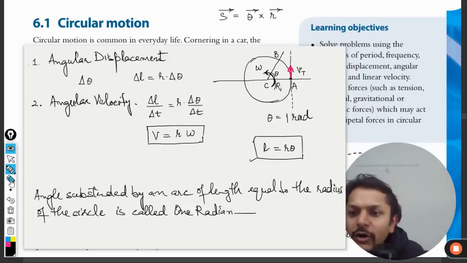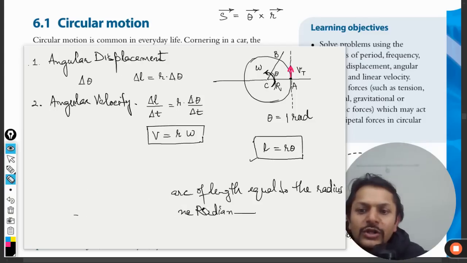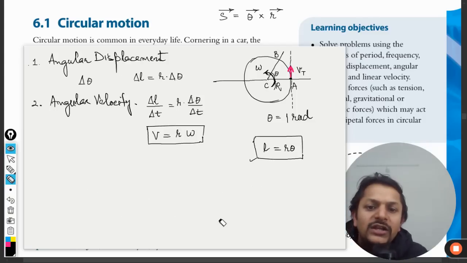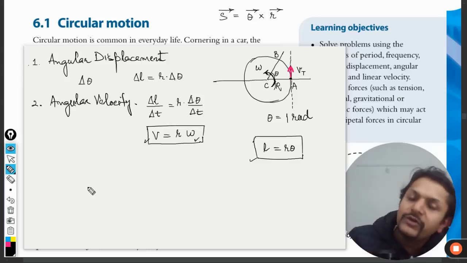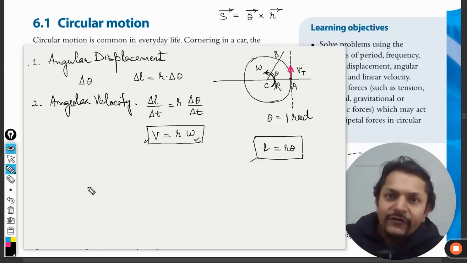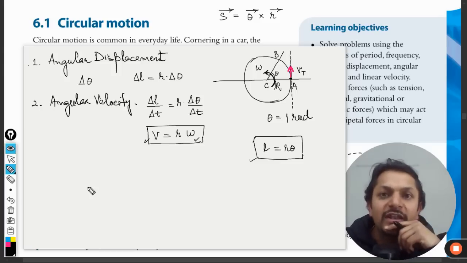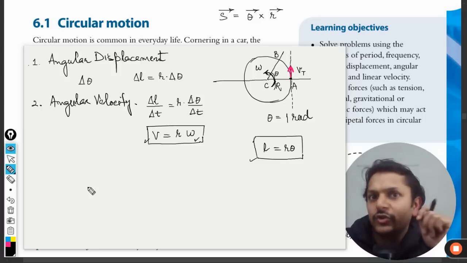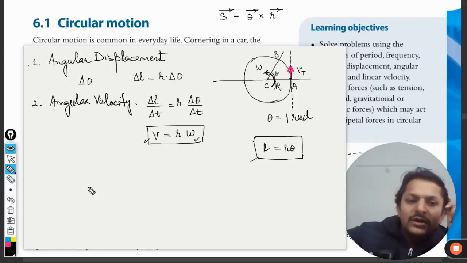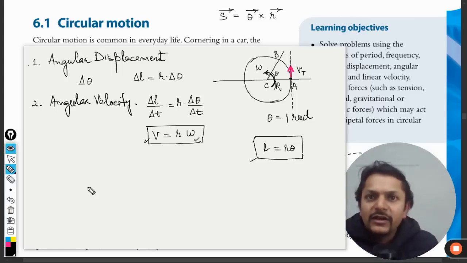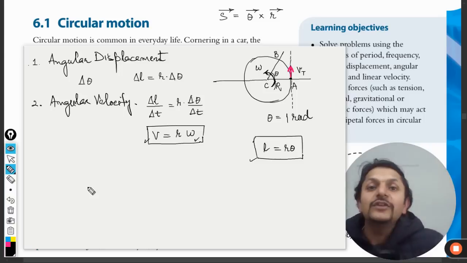Now we want to talk about the angular acceleration also. First, try to understand the basic difference between the tangential velocity and omega, the angular velocity. Just imagine a fan. The fan is moving. Can you say what is the velocity of the fan? The fan is not even changing its location. It is at the same location. It is not moving, so how can you say the velocity of the fan is there?